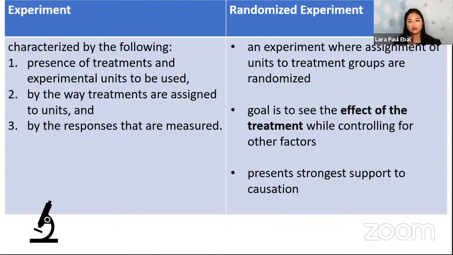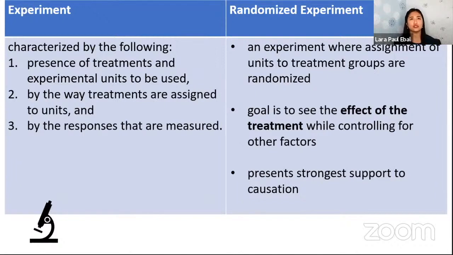The next is the randomized experiment. So it's an experiment where assignment of units to treatment groups is randomized. So there is this randomization occurring in this kind of experiment. The goal is to see the effect of the treatment while controlling for other factors.